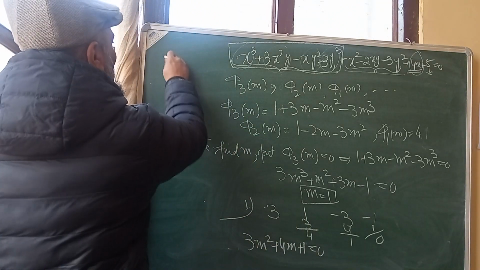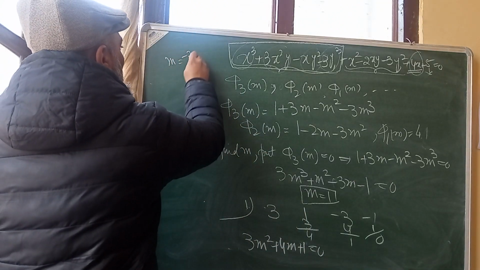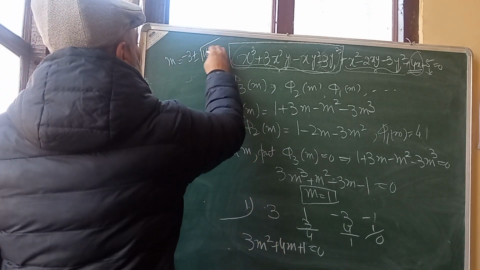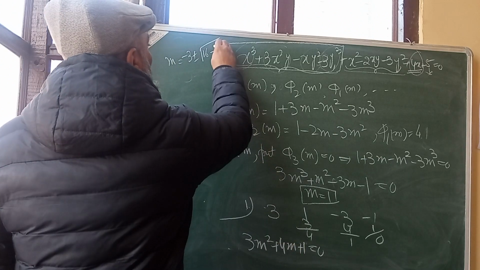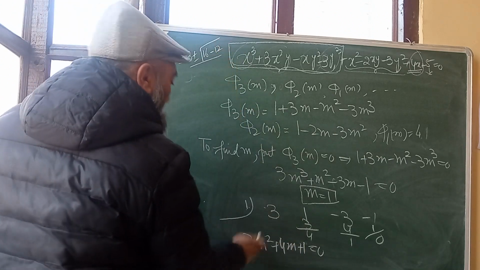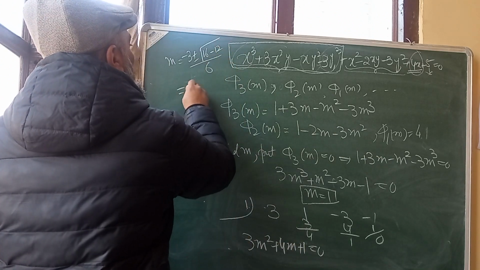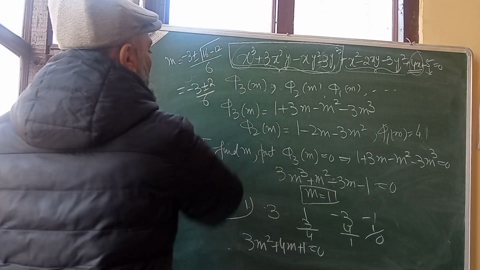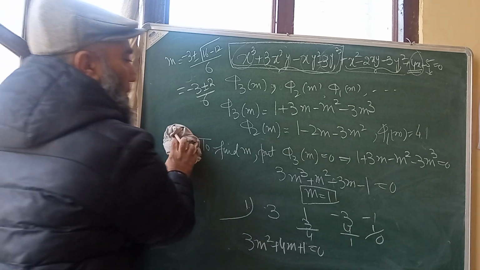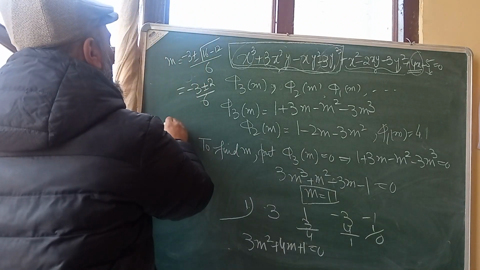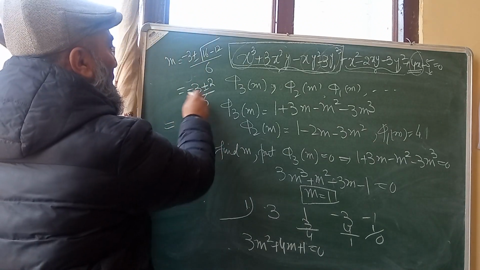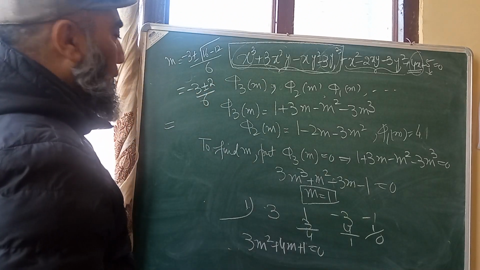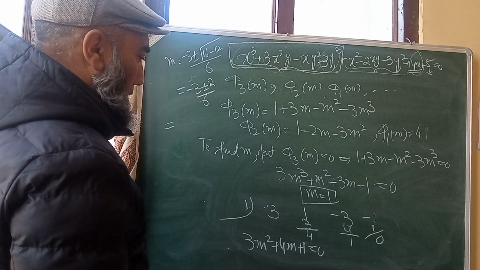So what is m? Minus b plus minus under root of b squared, which is 16, minus 4ac, 4 times 3 is 12, by 2a, 2 times 3 is 6.